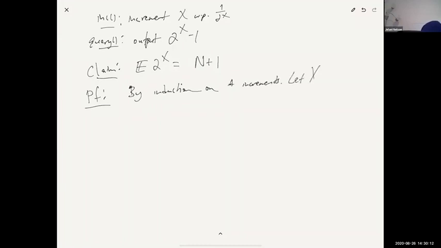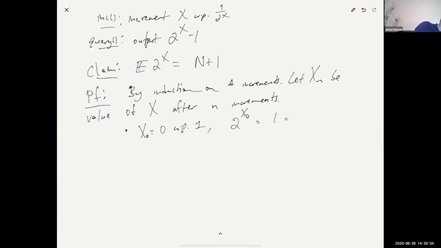Let xn be the value, which is a random variable, be the value of x after n increments. Then what do we know? We know that x0 is 0 with probability 1. So 2 to the x0 is in fact 1, which is 0 plus 1. It's n plus 1. So that's the base case.